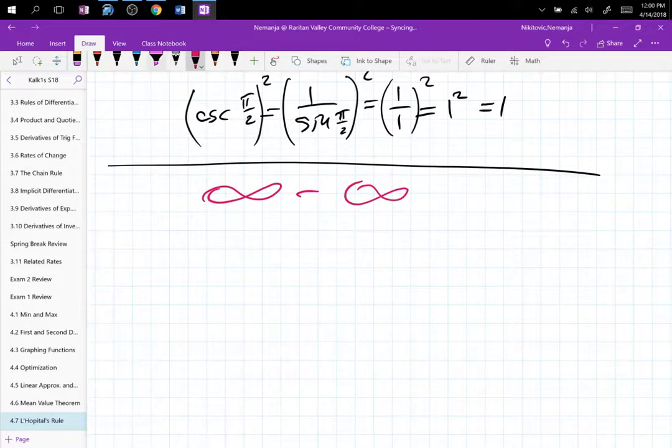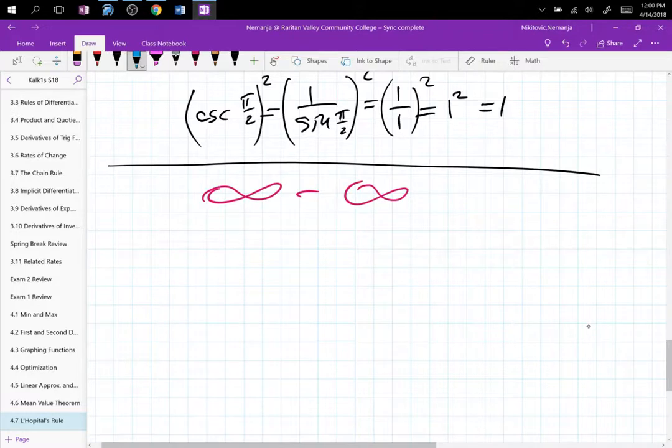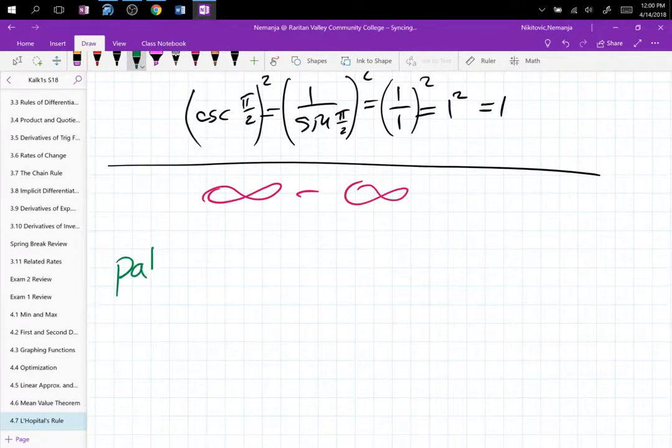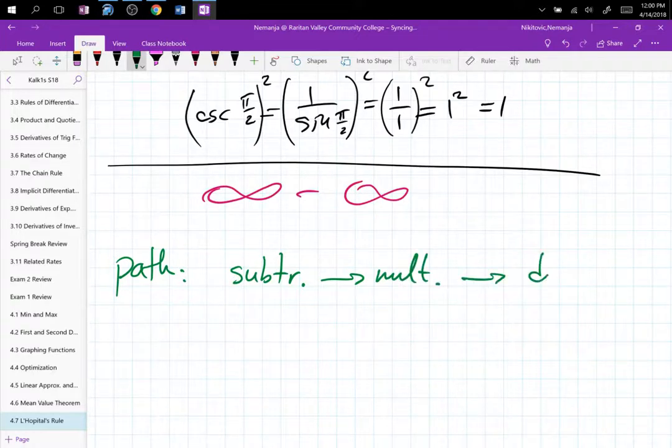So let's go. How about we go green on this one? Path goes subtraction, goes into multiplication, goes into division.